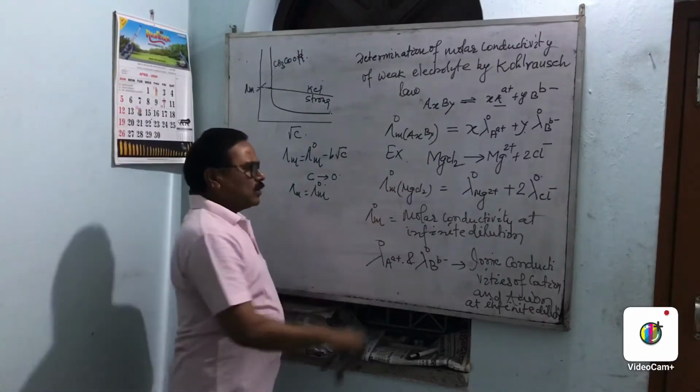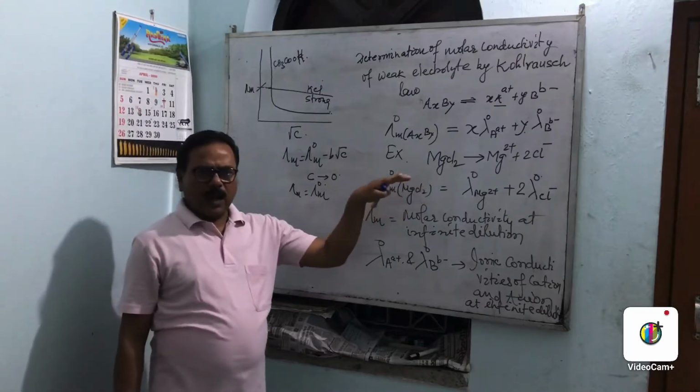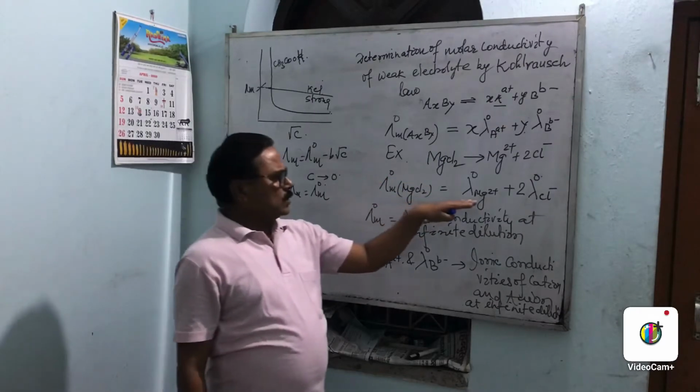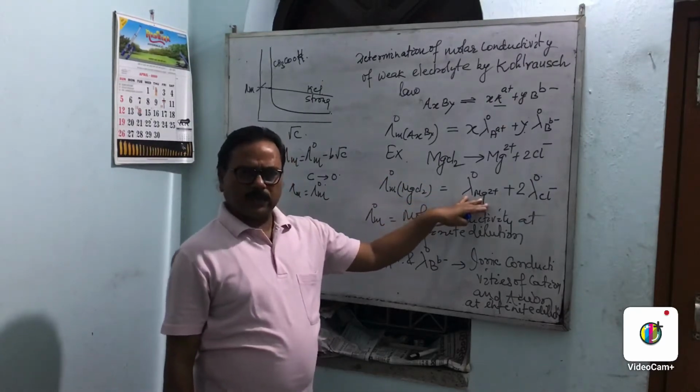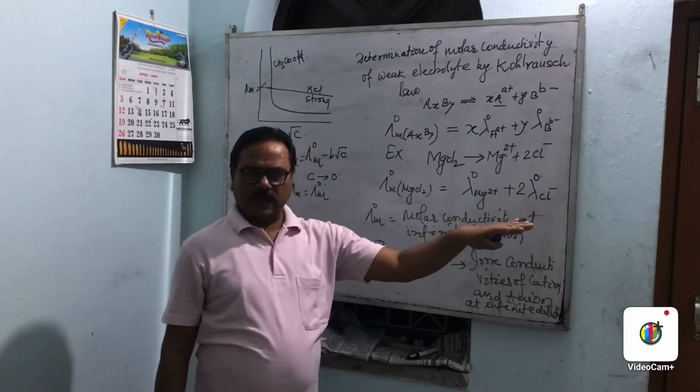So the statement of Kohlrausch's law: the molar conductivity of a weak electrolyte at infinite dilution is equal to the sum of ionic conductivities of the cation and that of the anion, right?